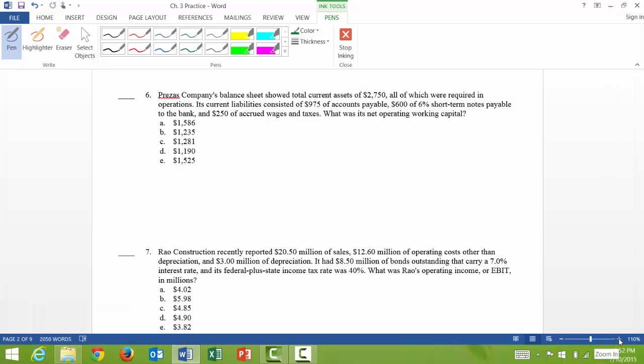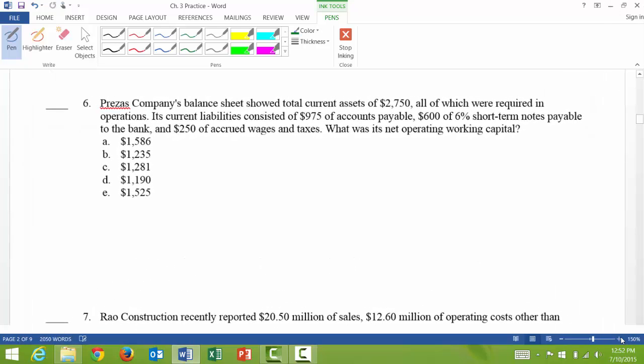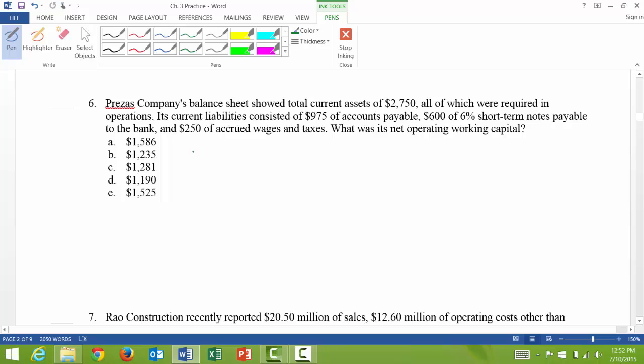And so the formula for that, we usually say NOWC for net operating working capital. It's current assets minus current liabilities minus notes payable.